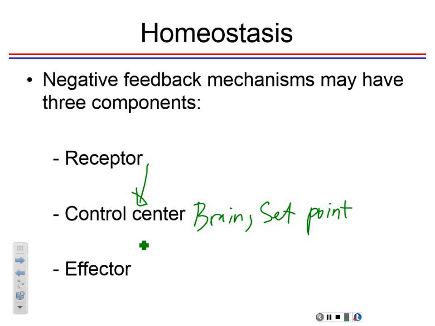All right? So the receptor receives info and then passes it on to the brain. And then the brain compares the change. Okay, the change is also called a stimulus. A stimulus will stimulate the receptor and the information is passed here. And then let's say your temperature goes up.